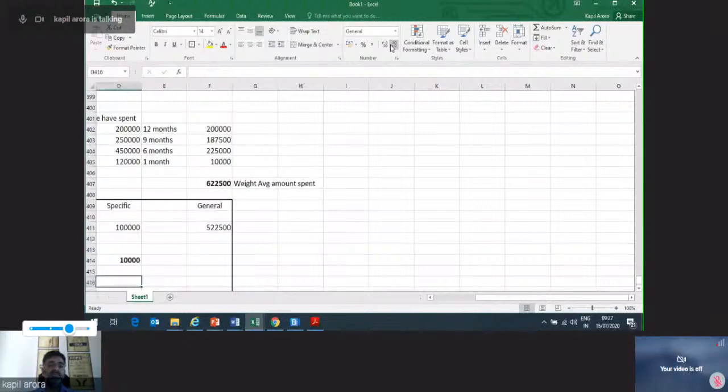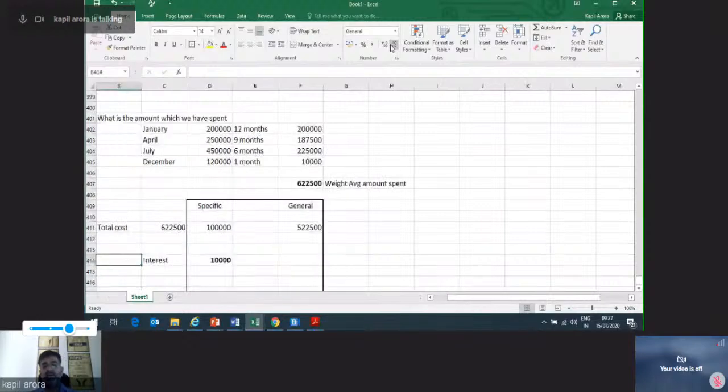This 12.29 will be charged here, and my borrowing cost related to this is 64,215. Now what is the total cost?